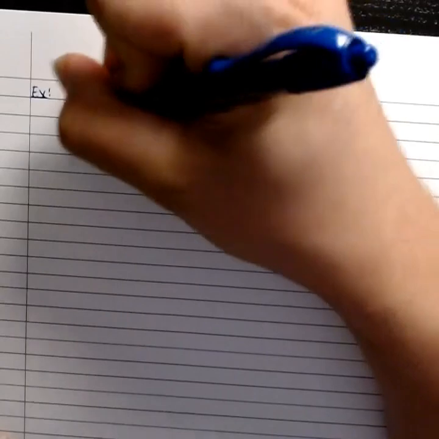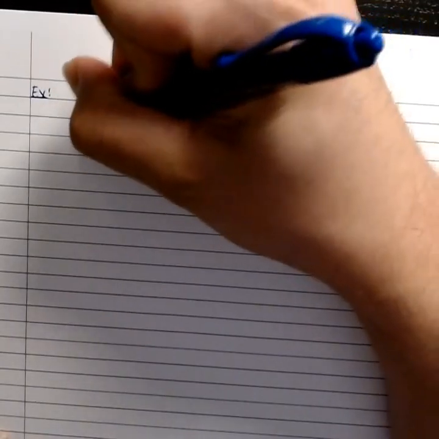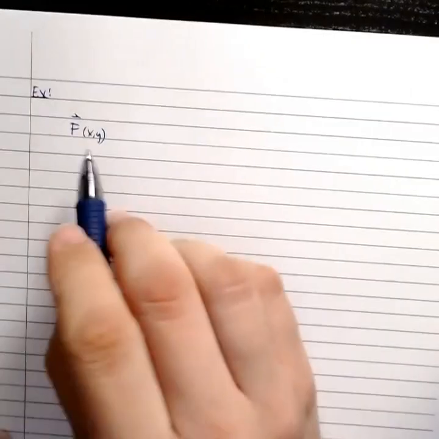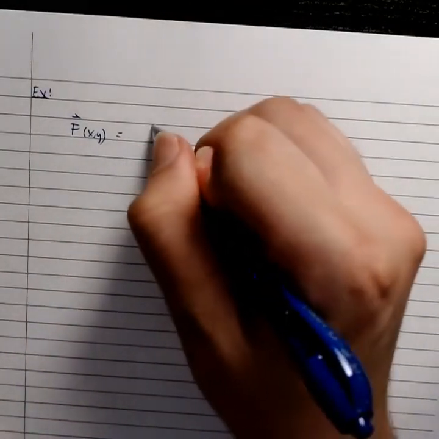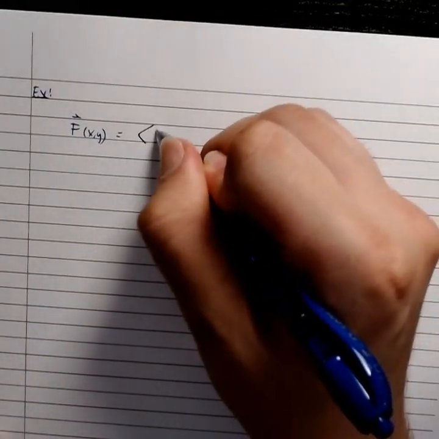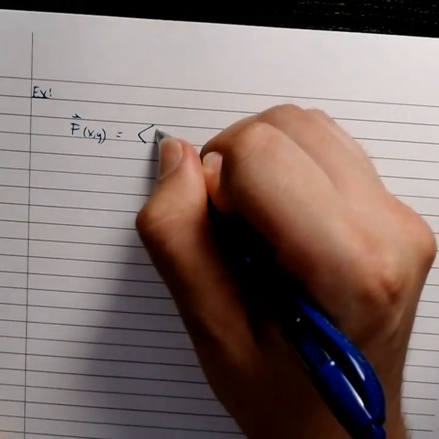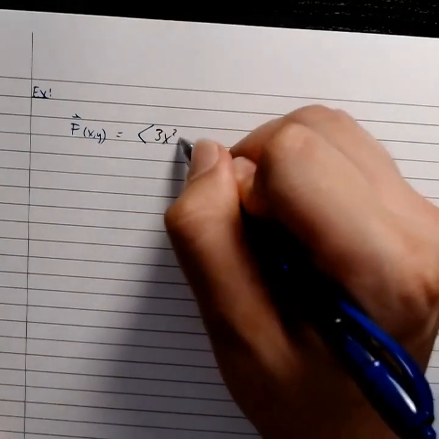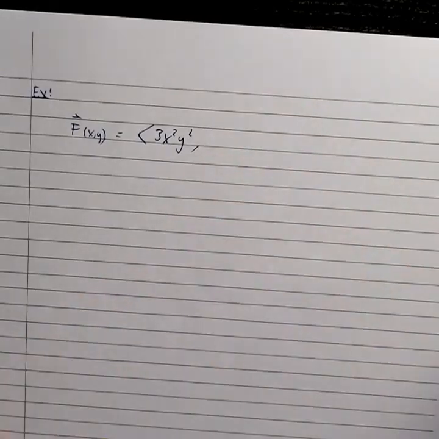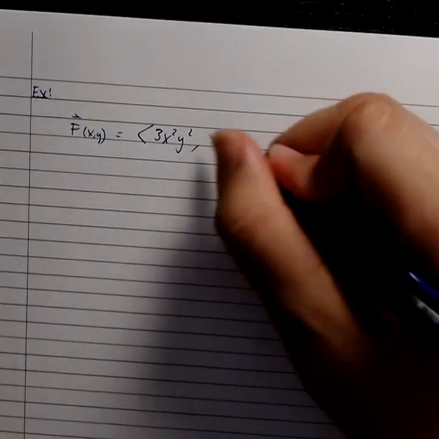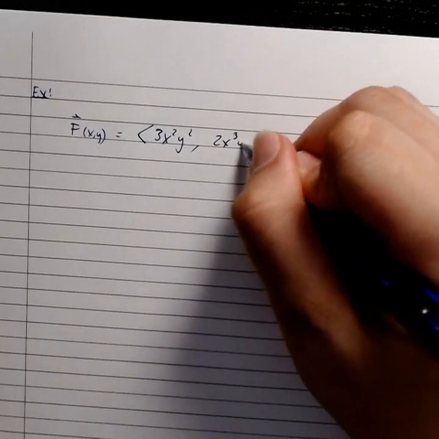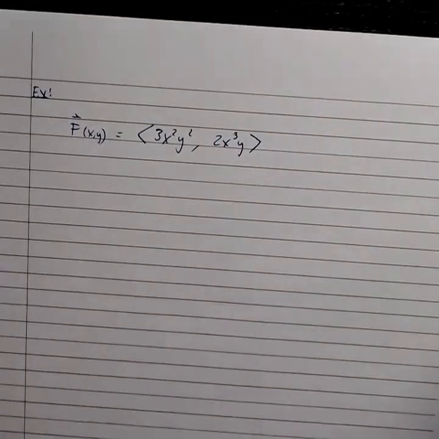As an example, consider the vector field on the plane that's given by the vectors 3x squared y squared, comma, 2x to the third y. The question is, first of all, we're going to determine if this is a conservative vector field.